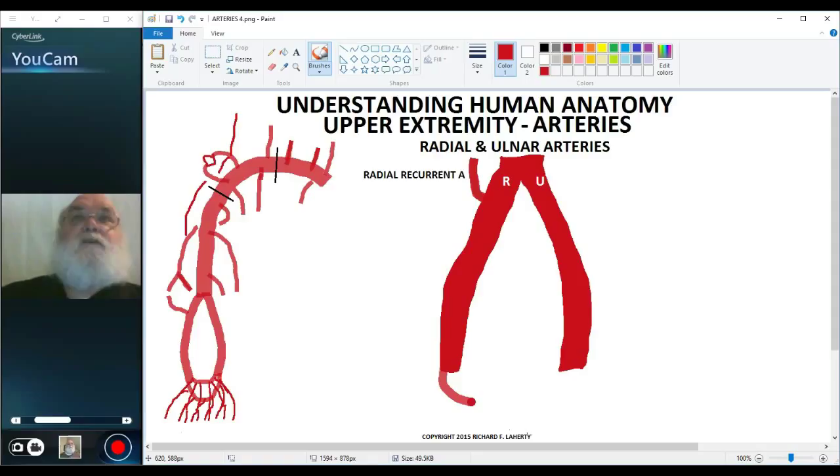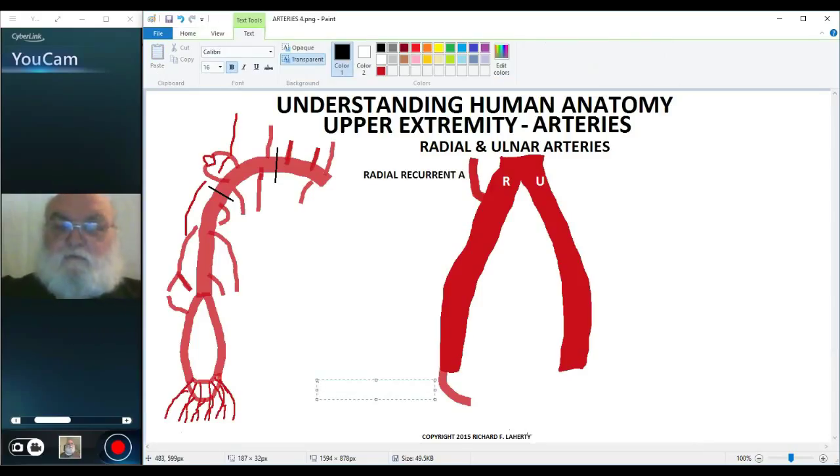And that branch is called the superficial palmar branch. The superficial palmar branch.